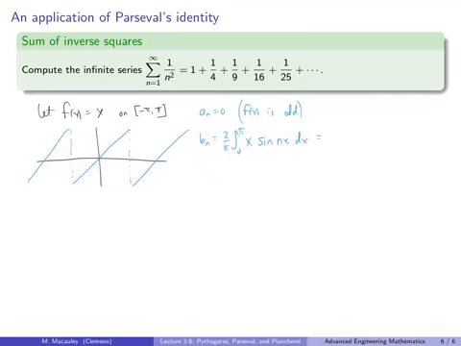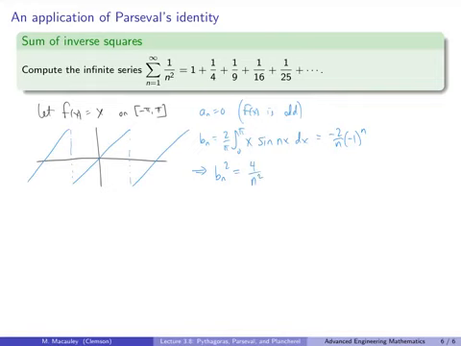And if you do this, you may recall that we get 2 over n times negative 1 to the n. And I'm just going to say right now that means that b_n squared, that's something that comes up in Parseval, is equal to 4 over n squared.